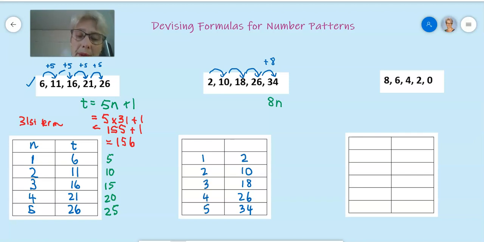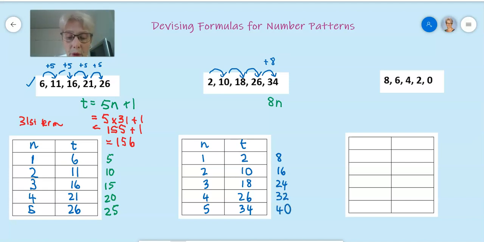And remember, T is for the term and N is for the position of the term. Now, remember, because our rule is plus 8, this particular pattern is based on the 8 times tables. So I'm going to write down the answers to the 8 times tables here. So I have 8, 16, 24, 32, and 40.